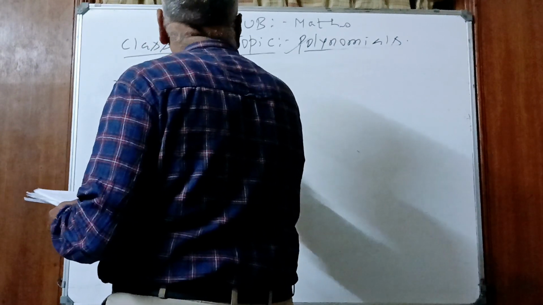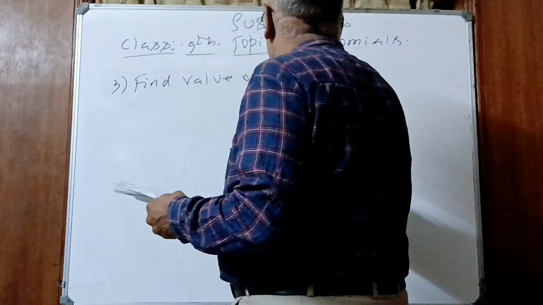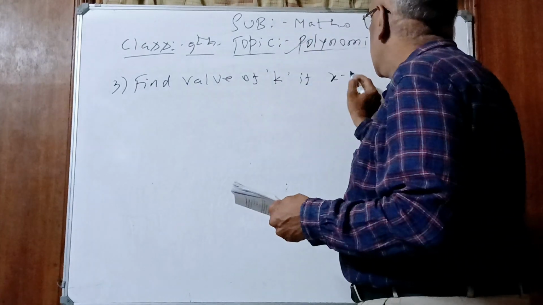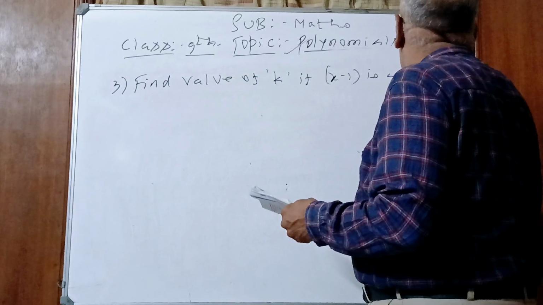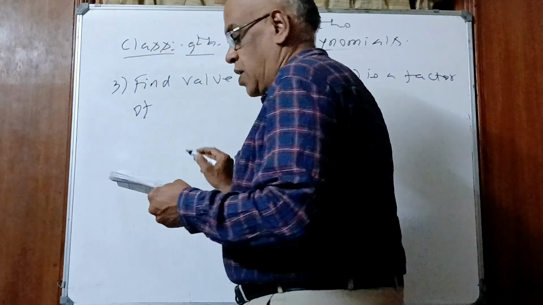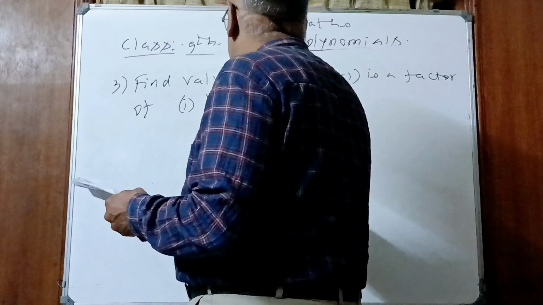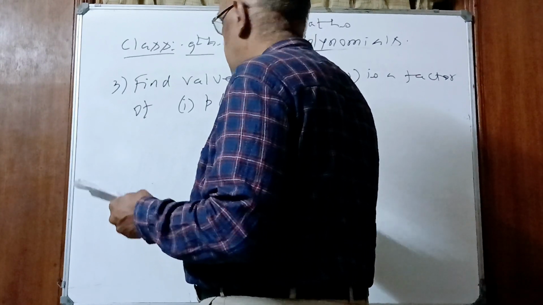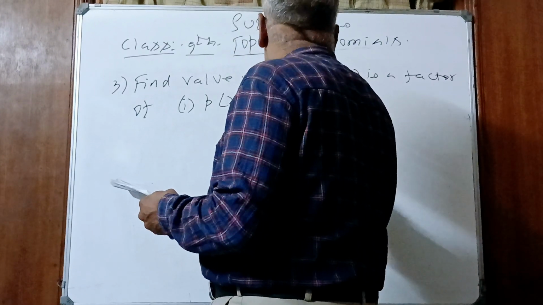Find the value of k if x minus 1 is a factor of p of x is equal to x square plus x plus k.